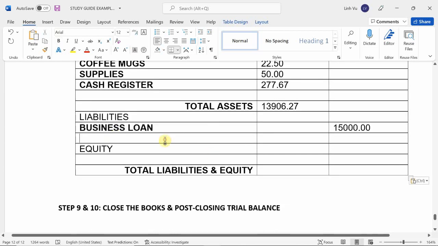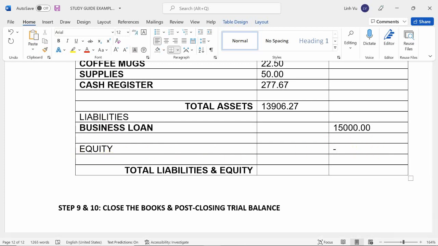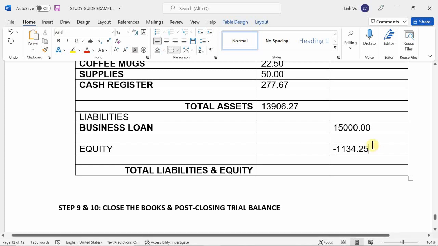And then my equity, which we solved from the previous one, gave me a negative $1,134.25.